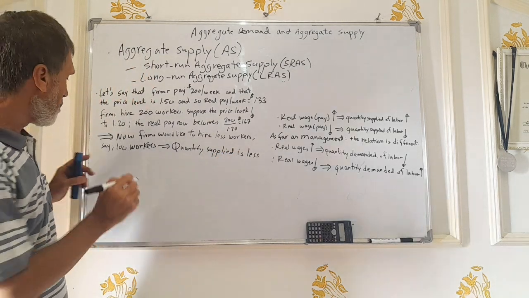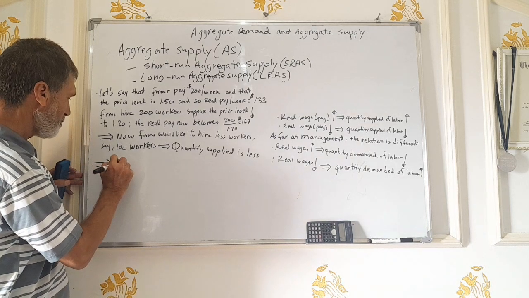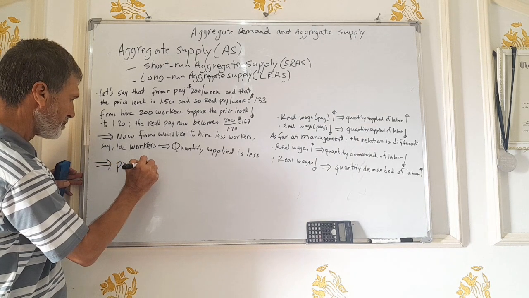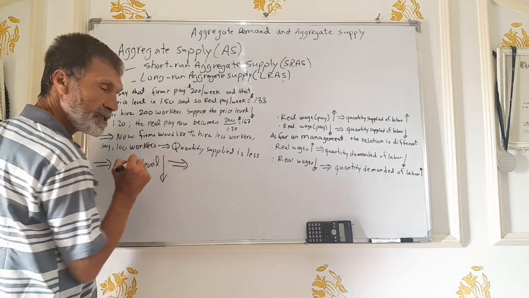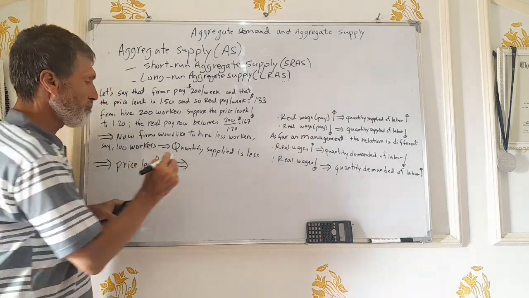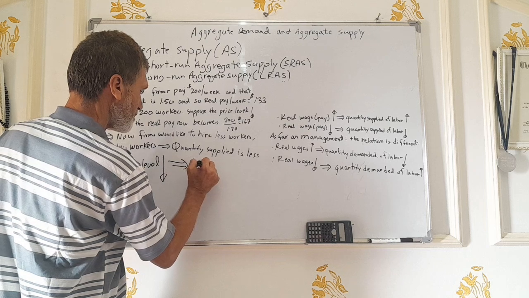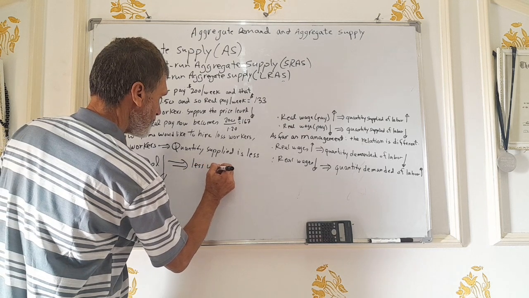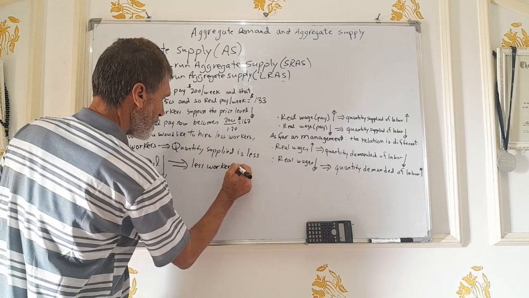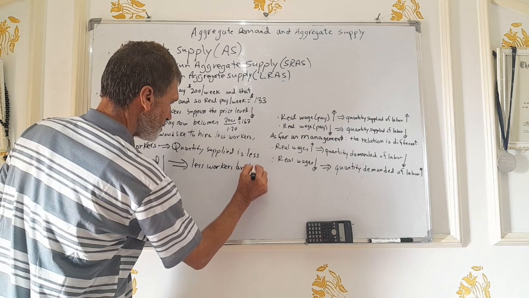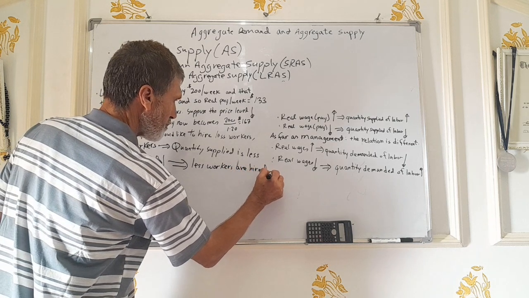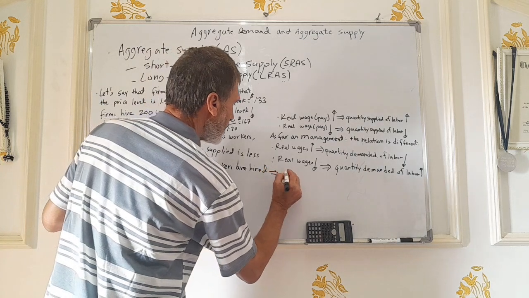Okay? So what we learned here is that the price level decreased, which implies fewer workers are hired, and this implies less output.